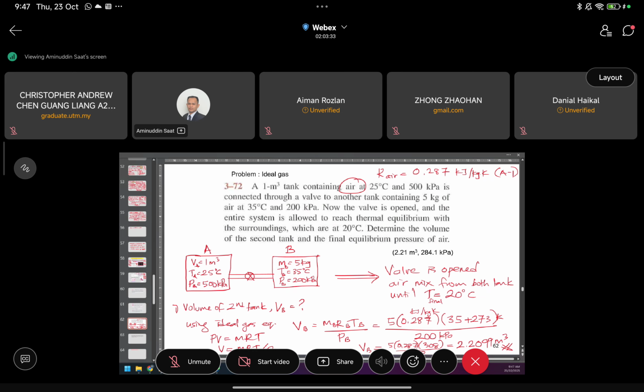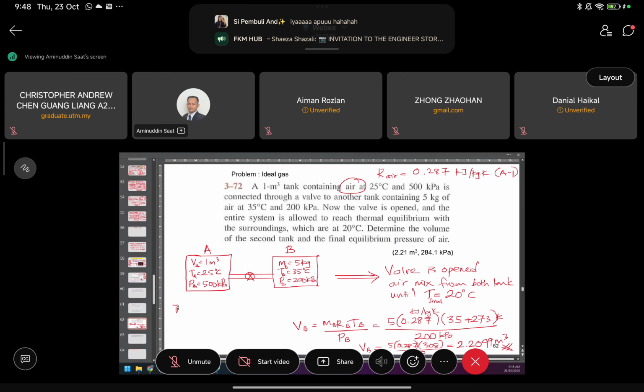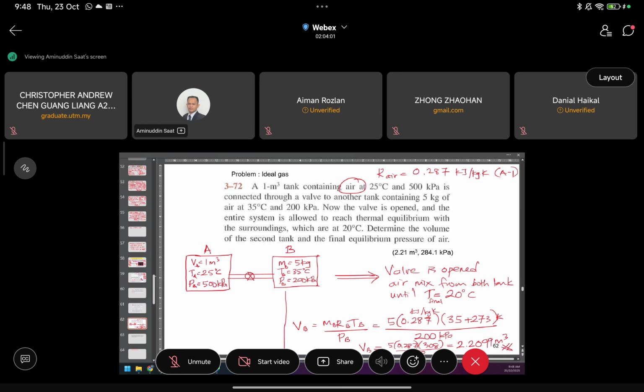Okay, and then find the final equilibrium pressure of the air. How to find it? Again, you need to calculate the P2.